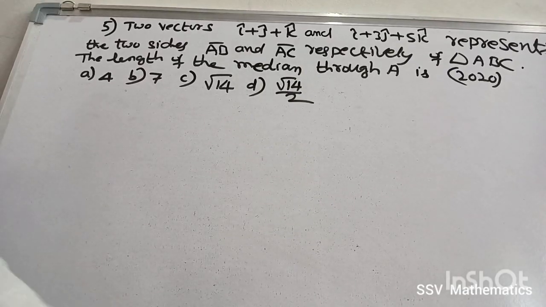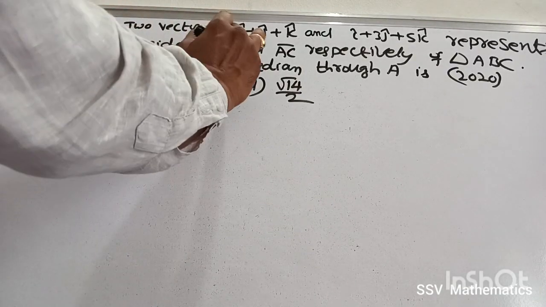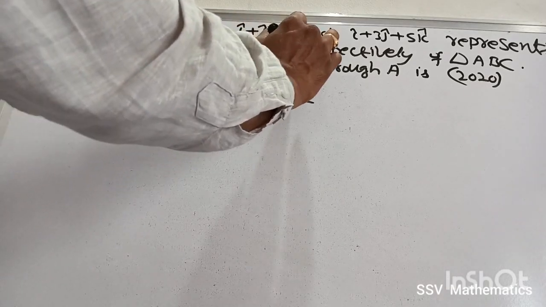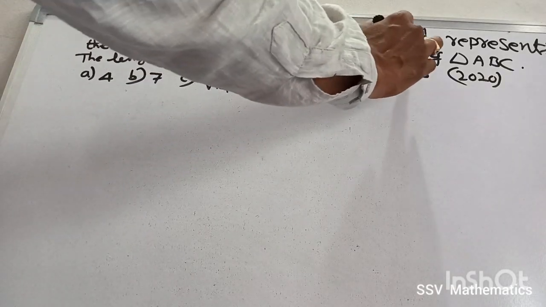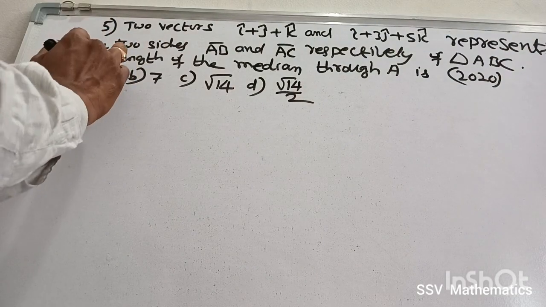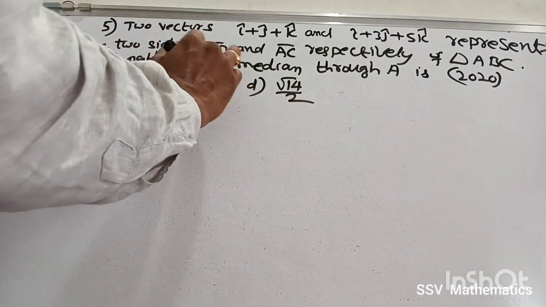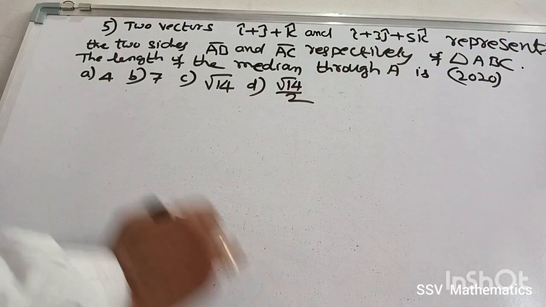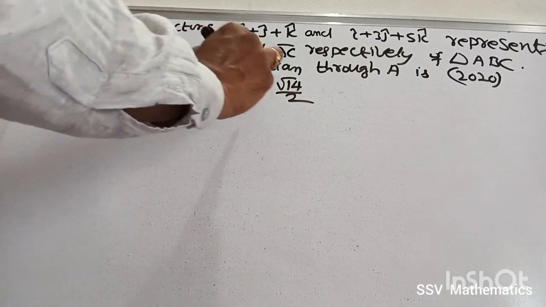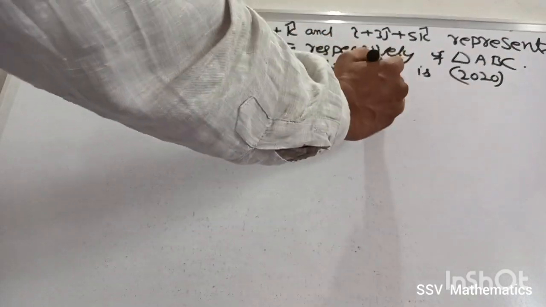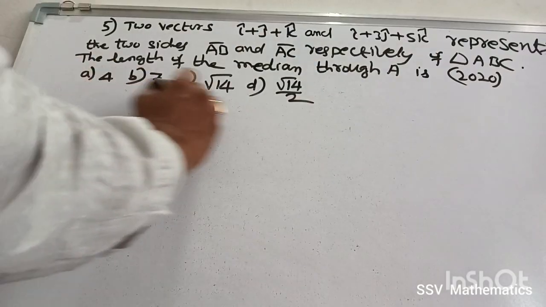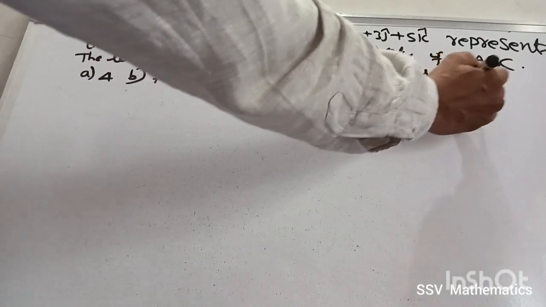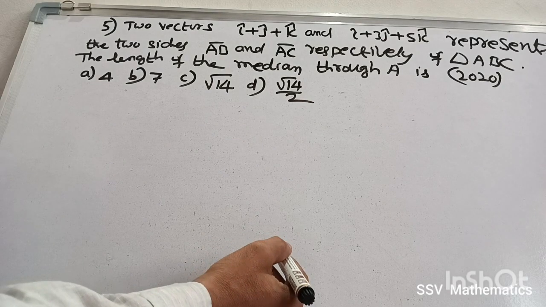Next question. Two vectors I plus j plus k and I plus 3j plus 5k represent the two sides AB and AC respectively of triangle ABC. The length of the median through A is, options are given, asked in KCET 2020.